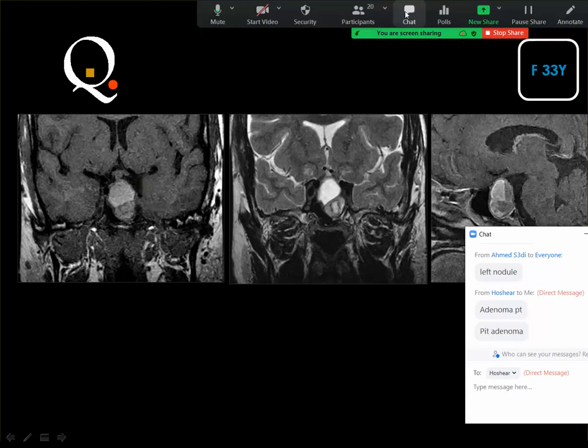Yes, and this is pituitary adenoma, and it's not a simple adenoma.